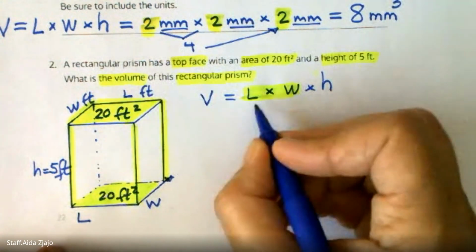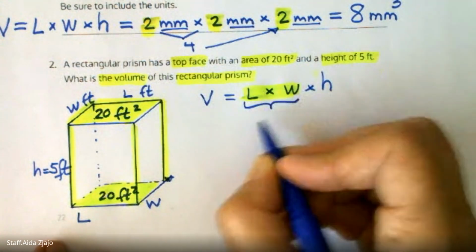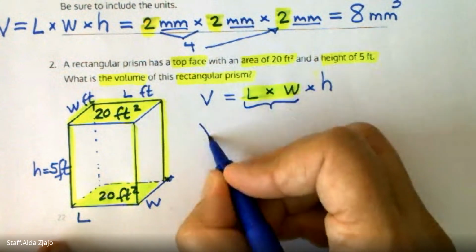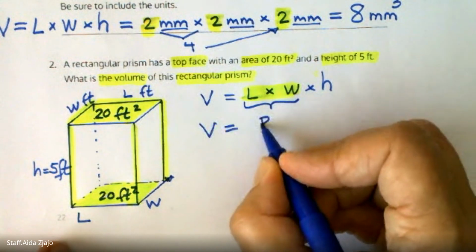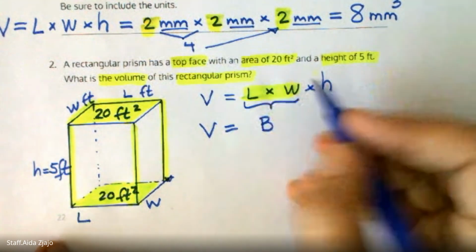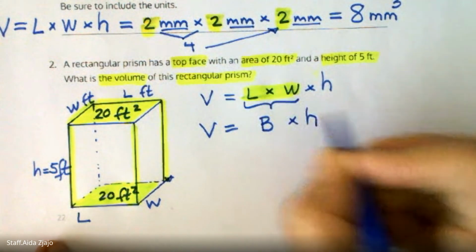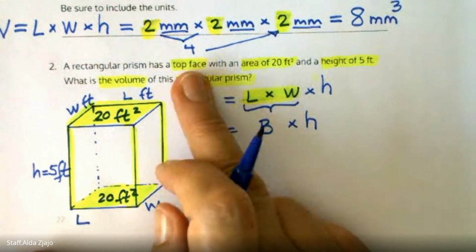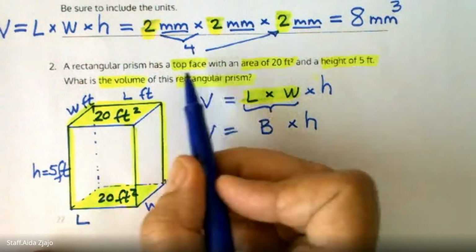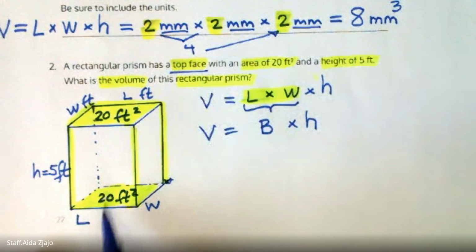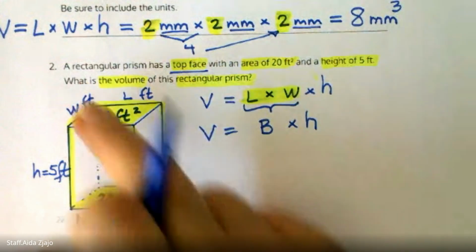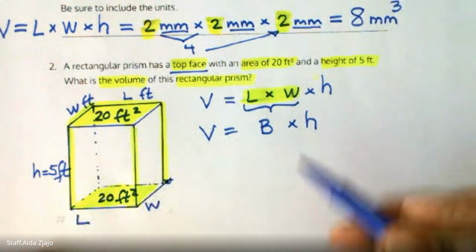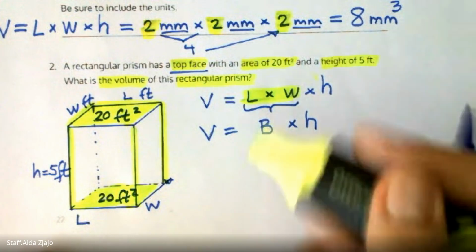This is called the base. So volume equals, another formula says, the base times height. What they want to confuse you with, you get used to saying the base, but the top face and the base face are the same. This is the base face, this is the top face. So that all represents the base.